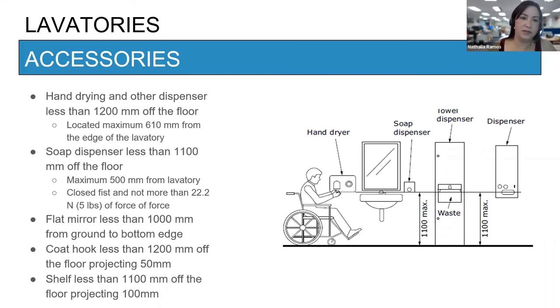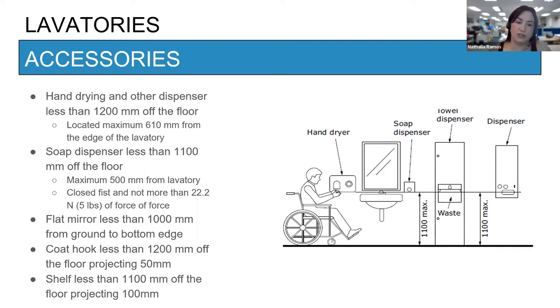When it comes to accessories, here we have some more details. The hand drying and any other dispenser has to be installed less than 1200 off the floor. It has to be located a maximum of 610 from the edge of the lavatory.